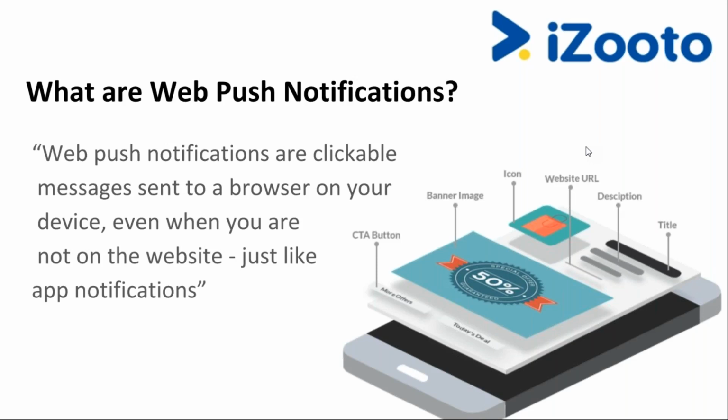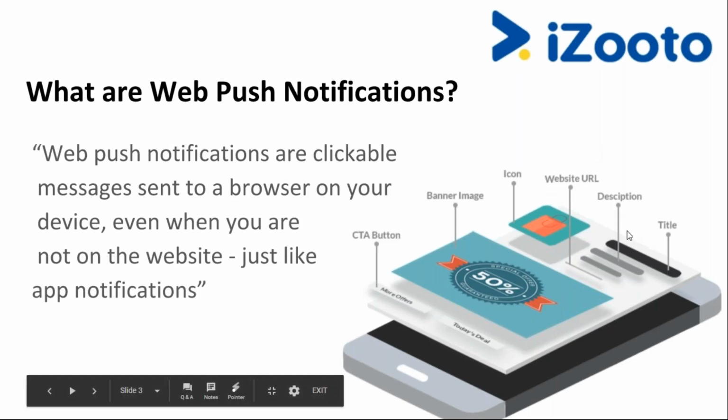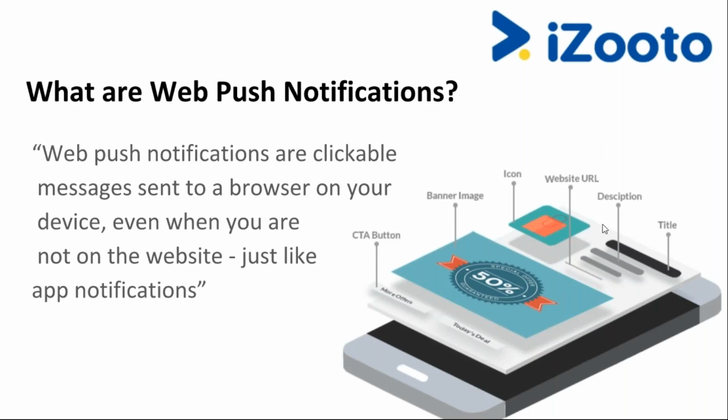Okay? And as you can see over here, here's a basic anatomy of a web push notification. There are several elements, as you can see. We have the title, obviously, the description as to what exactly it's for, a landing page URL, an icon, usually your brand logo, a banner image, and a couple of CTA buttons.